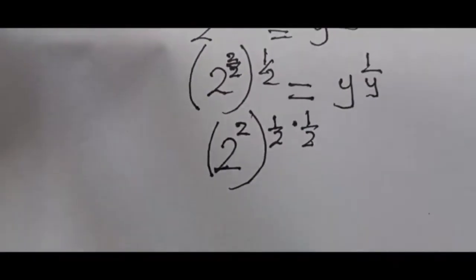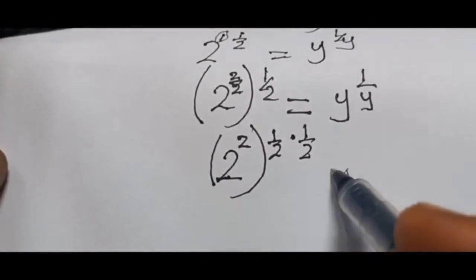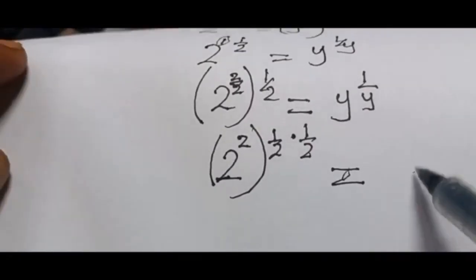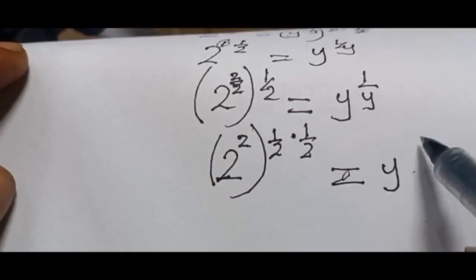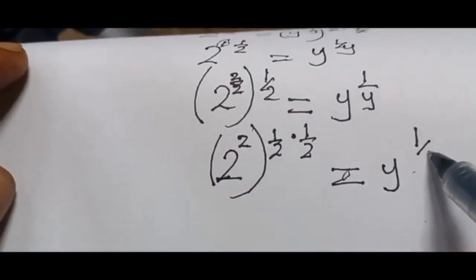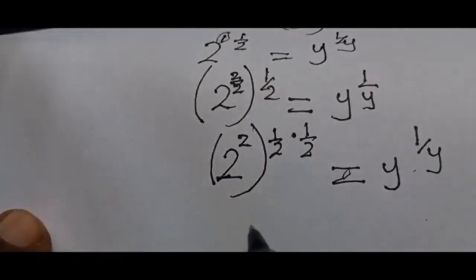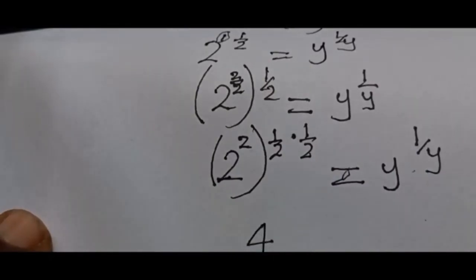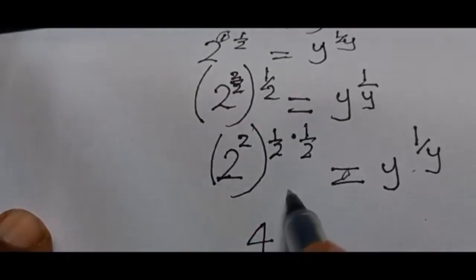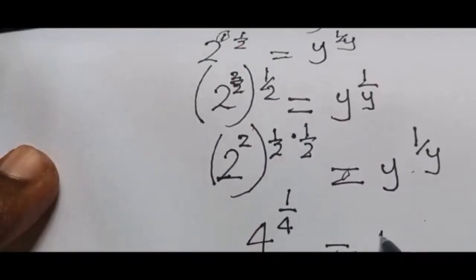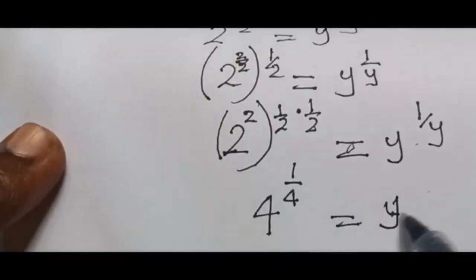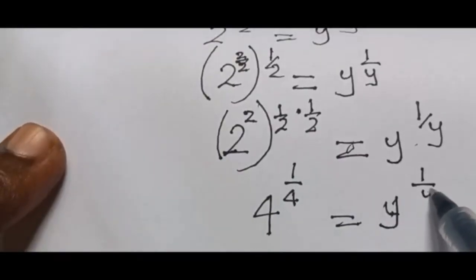So here we have y raised to 1 over y. We know 2 raised to 2 is 4. A half times a half, we get 1 over 4, which is equal to y raised to 1 over y.